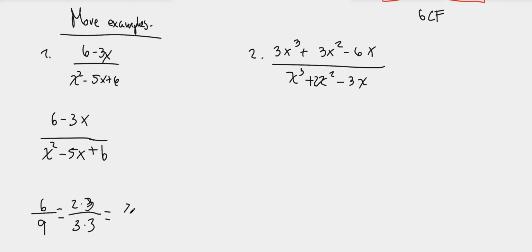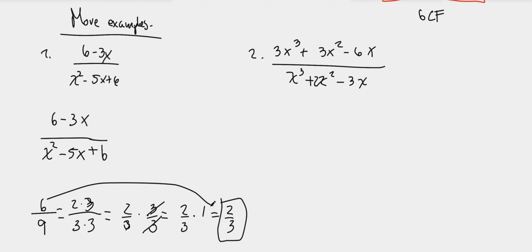This is the same thing as 2 over 3 times 3 divided by 3. And 3 divided by 3 is just 1, so this is 2 over 3 times 1, and you're left with 2 over 3. That is how you get the simplest form of this fraction, how you go from 6 over 9 to 2 divided by 3.